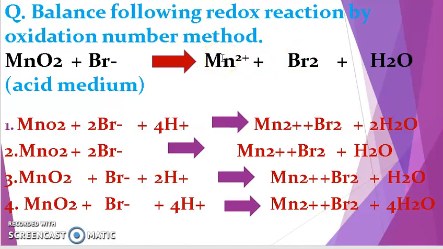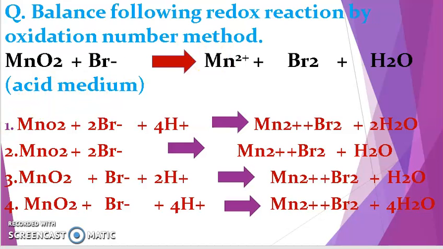Then calculate the decrease and increase in oxidation number as per the atom. Okay, so we have to balance the atoms other than the oxygen and hydrogen atoms. Next step is to balance the hydrogen and oxygen atoms with H2O molecules using the hit and trial method. So these are the rules we have to follow for the oxidation number method that we have seen.